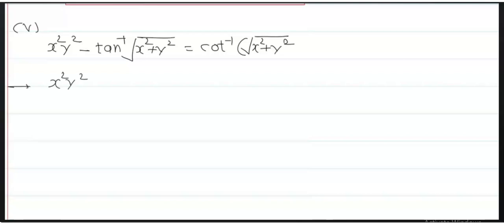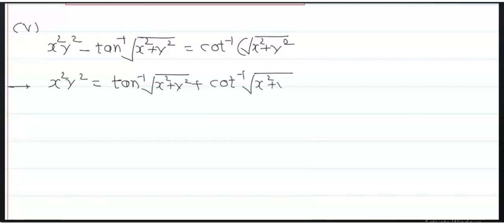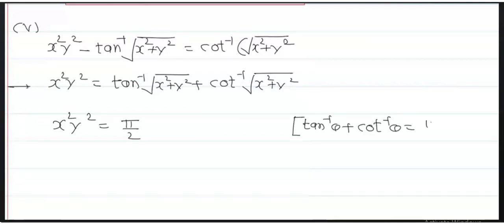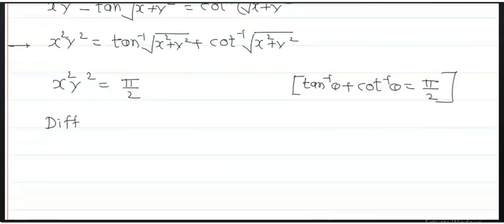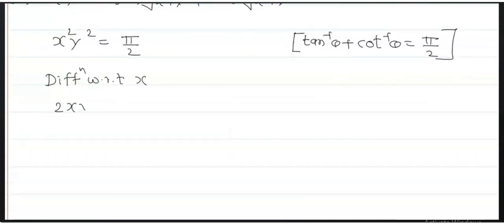Therefore x square into y square is equals to tan inverse of root of x square plus y square plus cot inverse of root of x square plus y square. Now this is a very important formula, that is tan inverse of theta plus cot inverse of theta is equals to pi by 2, and that's why we got x square into y square is equals to pi by 2. Now differentiate this with respect to x.